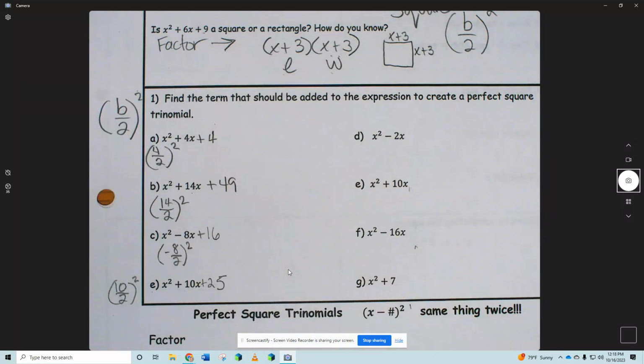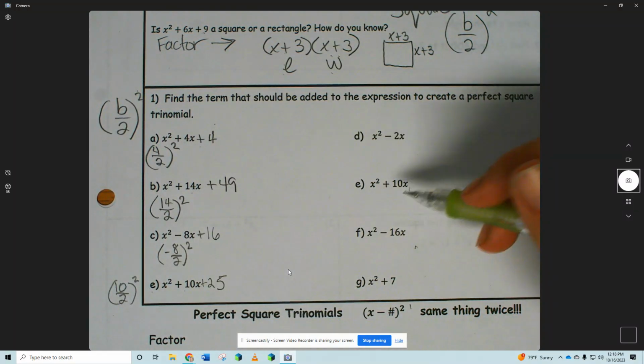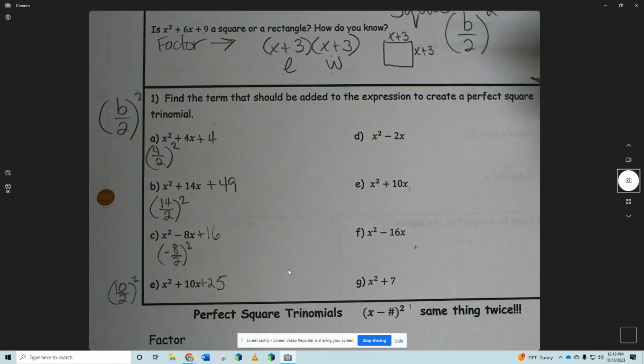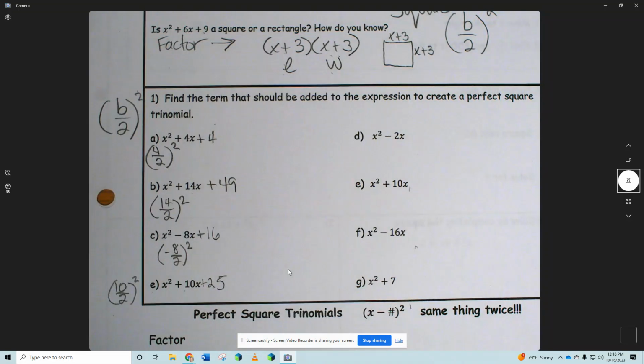I'll go to table 4 and then 5 and then 6. D, E, F. Table 4, you get to do D. Cut negative 2 in half and square it. What is it? Table 4.